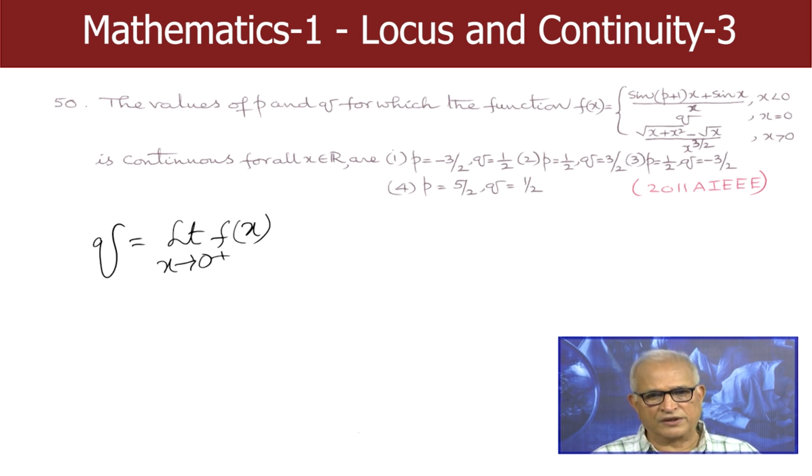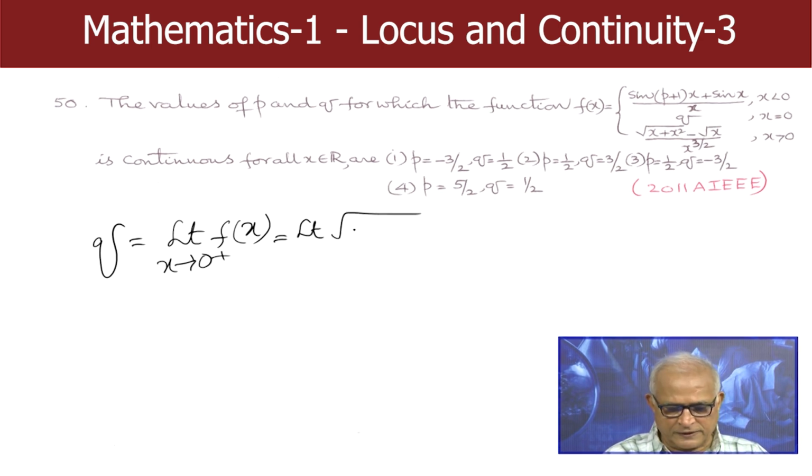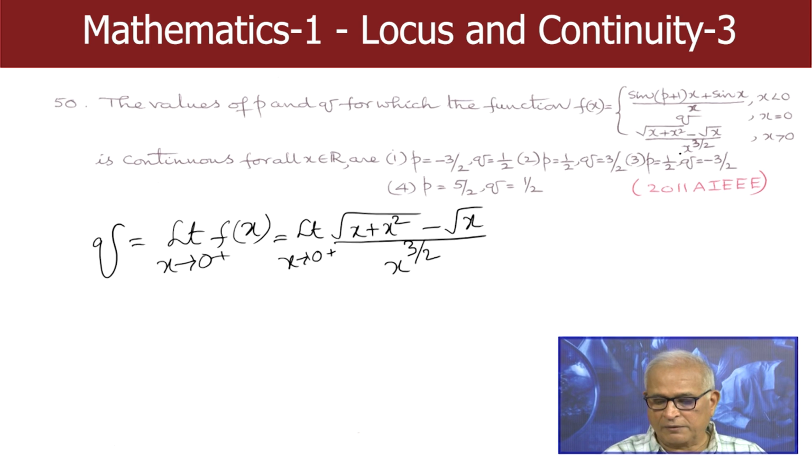So, that is the idea of the existence of a limit: both one-sided limits must exist and they must be equal. Whenever x is positive, the defining rule for f is square root of x plus x square minus root x by x power 3 by 2 as x tends to 0 plus.